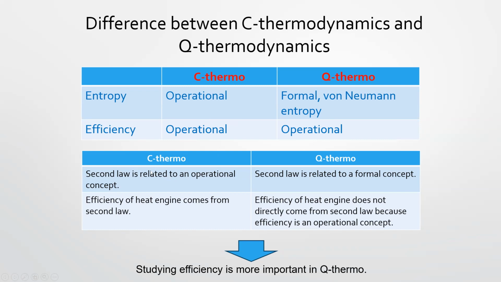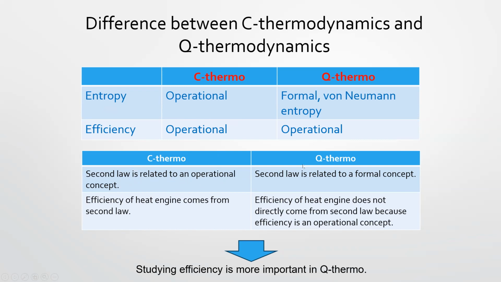In the case of classical thermodynamics, the second thermodynamic law is related to an operational concept because entropy is defined in a very operational way. So the classical second law is a law for an operational quantity.